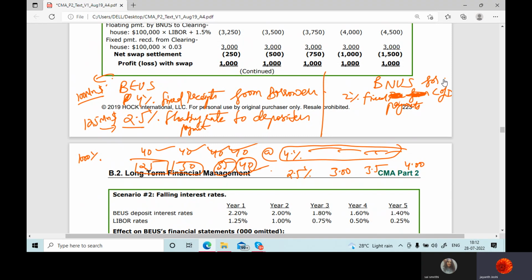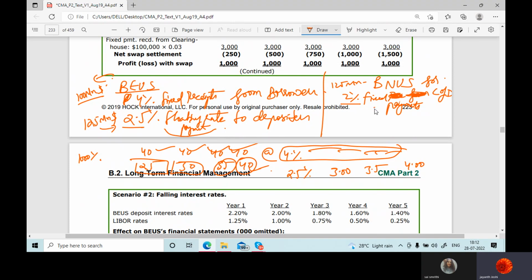So BNUS has issued certificates of deposit to various customers to the tune of $125 million, and they are paying 2% fixed interest payments to them. Now one thing is understood, that BEUS is making floating rate payments and BNUS is making fixed rate payments.